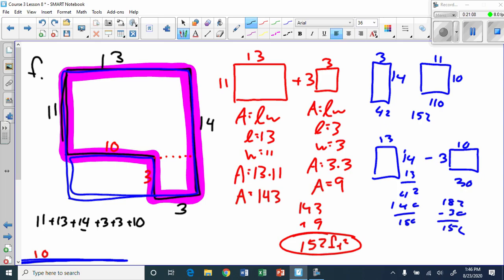It's amazing how many times we don't add all the numbers. 10, 14 plus 3 and 3 is 20, plus 10 is 30, and this is 24. Add it together, 54 feet. Perimeters do take some work, but you guys have the skills. You should be okay. That's your lesson. God bless you guys as you work on your homework.